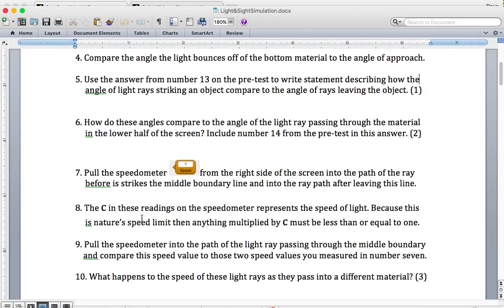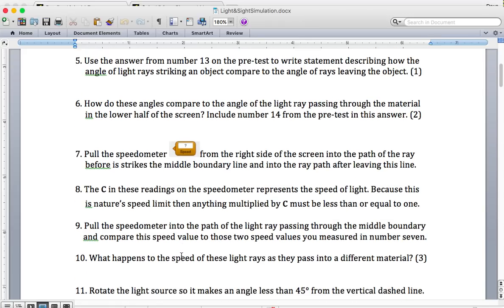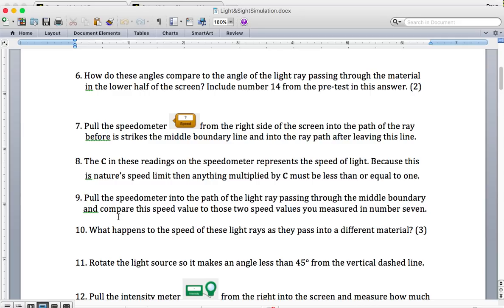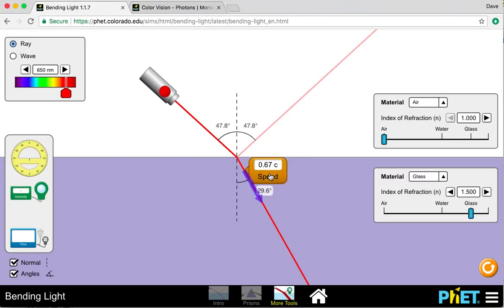Kind of went over number 8. The C in these readings on the speedometer represents the speed of light. Nature's speed limit is 300,000 kilometers per second. So if you multiply anything by C, it's always going to be equal to or less than. So we see that the speed of the light rays as passing into a different material changes. I wouldn't say that it necessarily slows down.